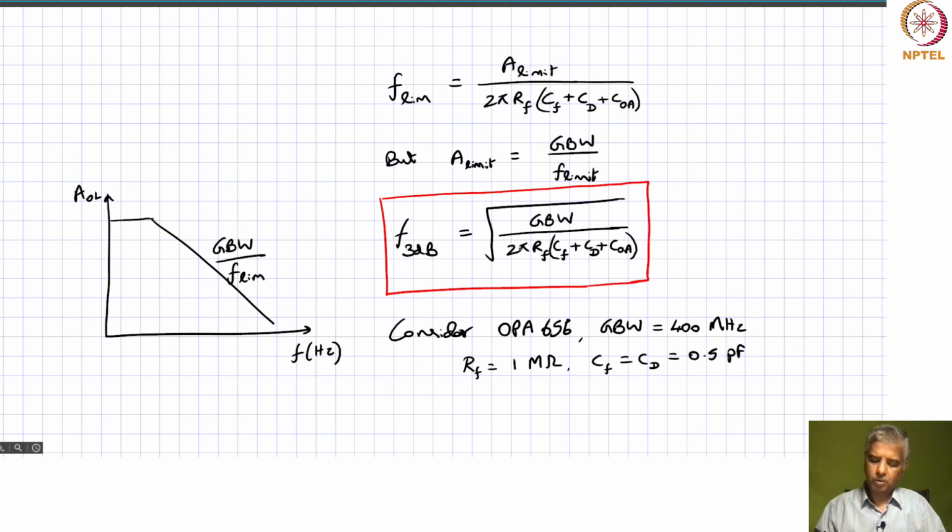Then 4 by 2, so 2 by pi, which is roughly about 0.6 or so, about 0.7. If you do all that calculation, you will probably find that F3dB is roughly about 8 megahertz.